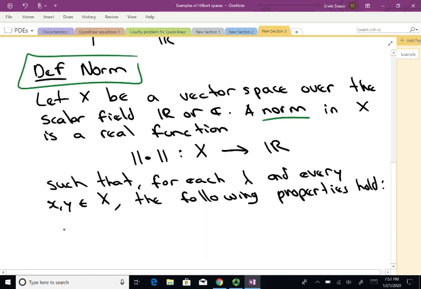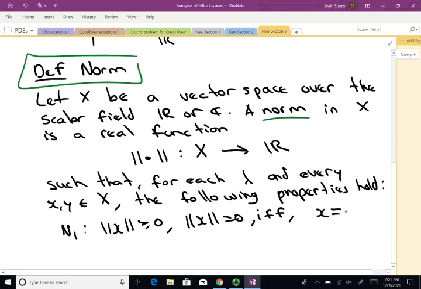So that means property number one of the norm. The norm of any element of the vector space is positive and is zero if and only if the vector is zero.